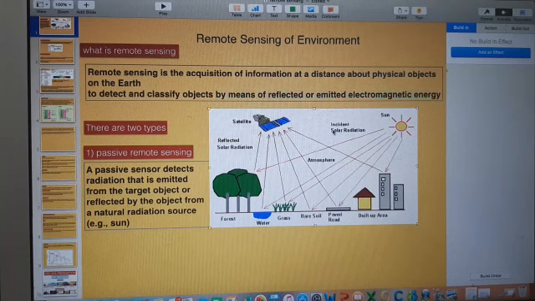If you observe this diagram, we have radiations from the sun that are reaching the surface of the earth.